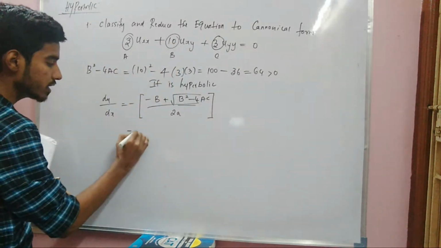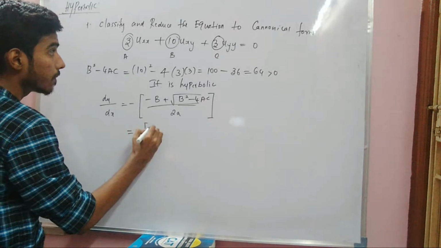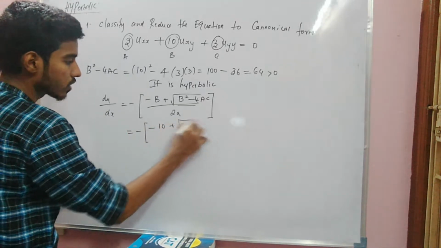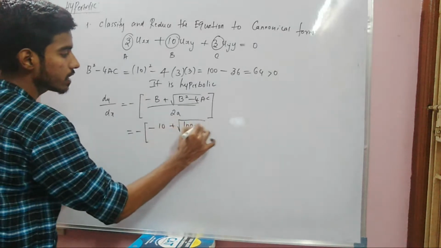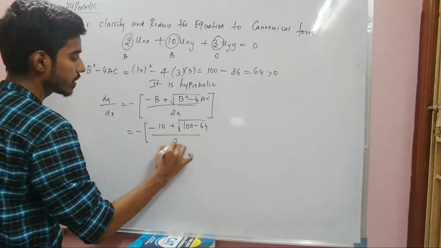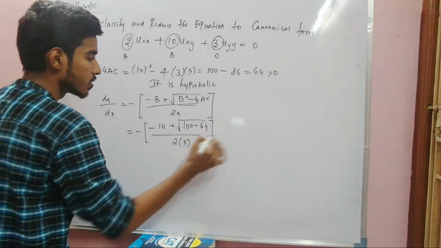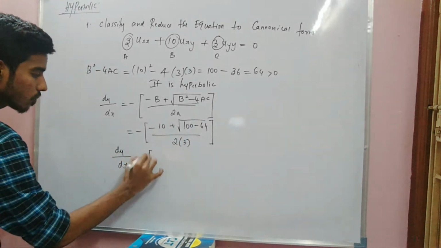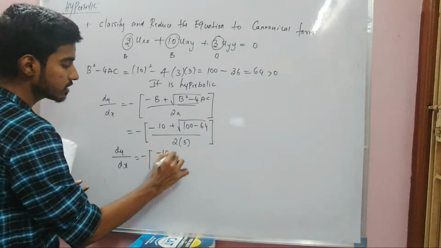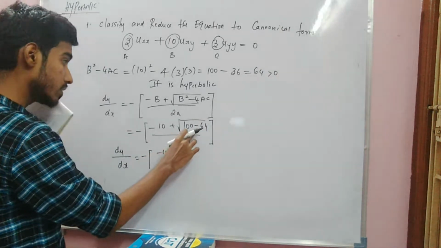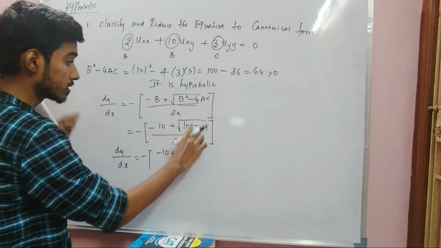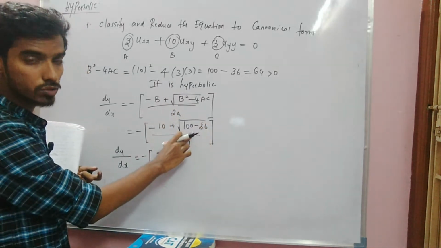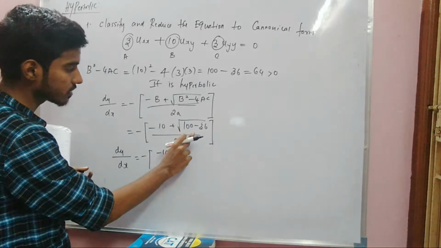So if we substitute here, this will be minus 10 plus square root of b square minus 4ac, so 100 minus 36, divided by 2 into 3. So this will be dy by dx is equal to minus of minus 10 plus, there we will have 4 into 3 into 3 is 36. Here we will have root 64. So root 64 is 8, right?